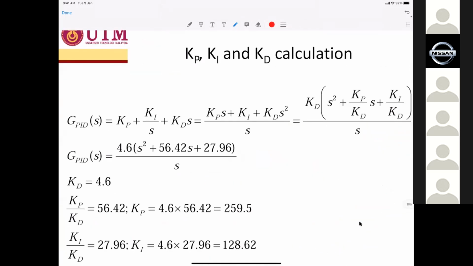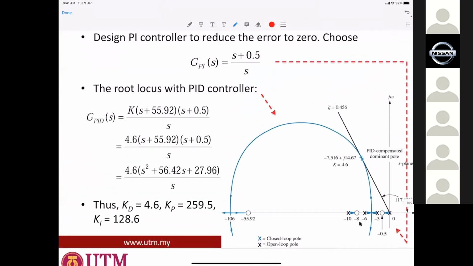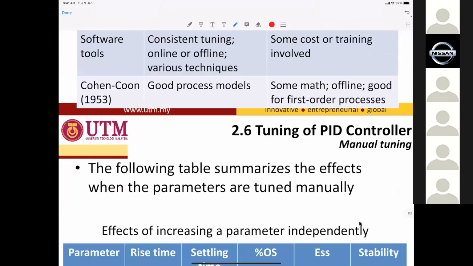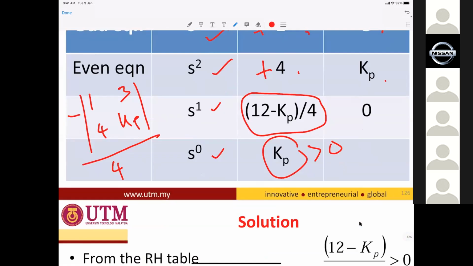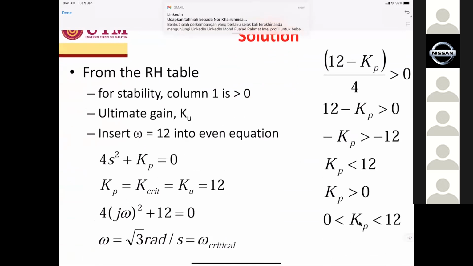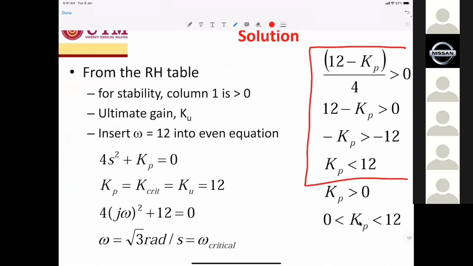So this is the first equation, which is Kp less than 12, from the first column. And then the second equation, Kp greater than 0. So 0 less than Kp less than 12. Right? So if Kp is equal to 12, what happened?